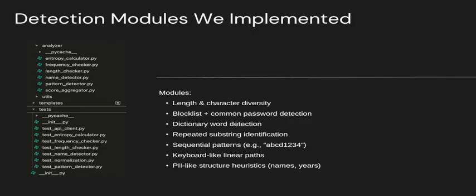And here we have the different detection modules that we implemented in our core logic. So the different characteristics we chose to measure were length and character diversity, or in other words, entropy, whether or not a password has been found on a breached password block list, i.e. the RockYou list, dictionary words, repeated substrings or sequential keyboard patterns that are common in user-generated passwords, numerical sequences, PII-like structures such as passwords that contain names, years, or other personal information.